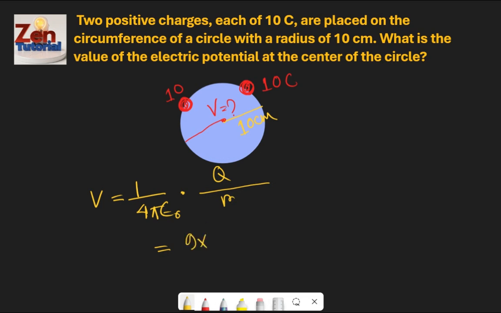So this is 9 into 10 to the power 9 and Q is 10 Coulomb over R is 10 centimeter, means 0.1 meter. So we have 1.8 into 10 to the power 12 volt. So this is the answer.